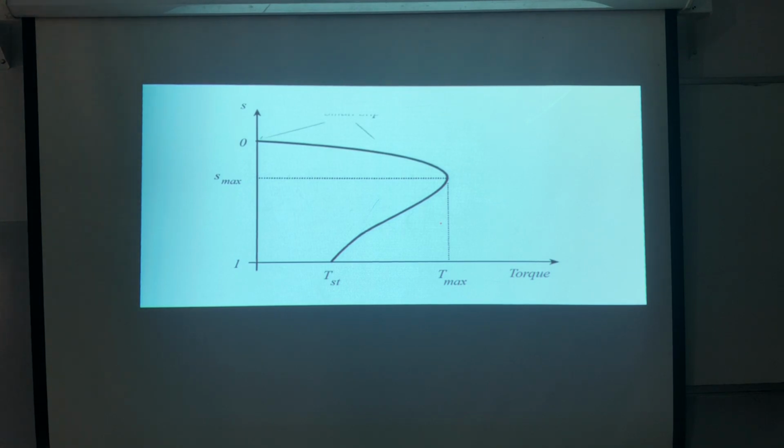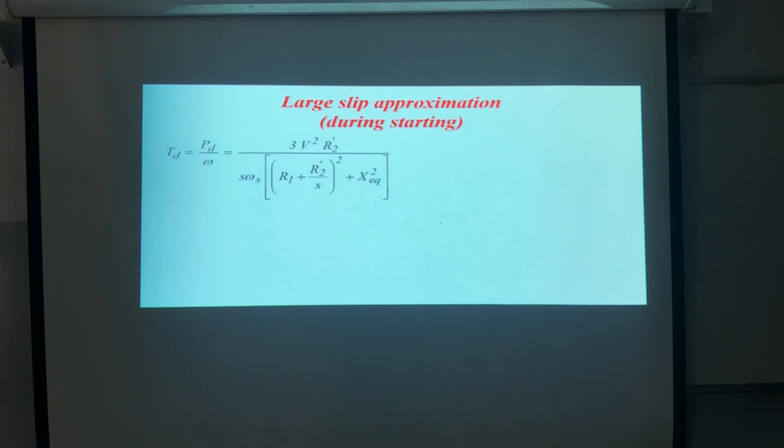So now let's try to find an approximate solution for the small slip and the large slip region. For large slip, that means S is equal to 1. In this case, if I compare, this one will be higher than this one.